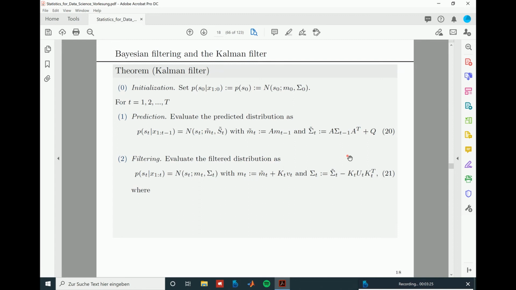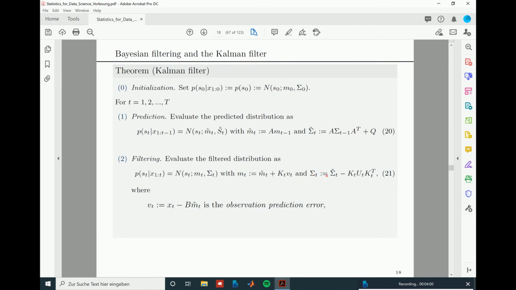So before I explain to you where this is coming from, let me finish this with the filter distributions. So this m_t and sigma_t, which you also see here at the earlier time, m_t minus 1 and sigma_t minus 1, you get them from using this tilde m_t and something called the Kalman gain matrix K_t, and something called v_t, which is the observation prediction error.